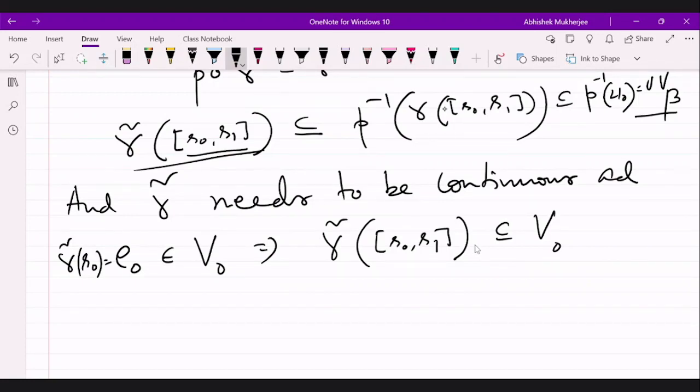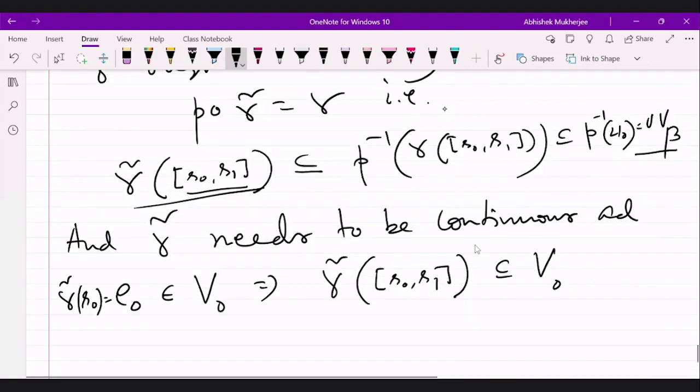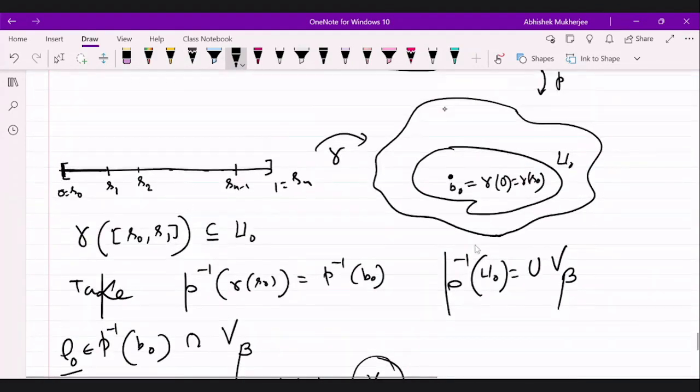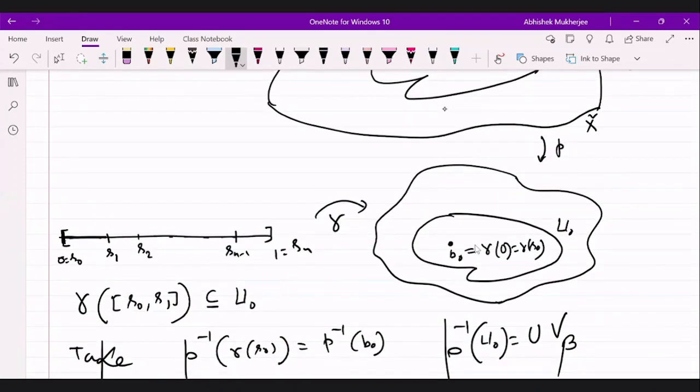Right? So therefore, if you take any point here, suppose small s, this small s will be mapped to this gamma s.